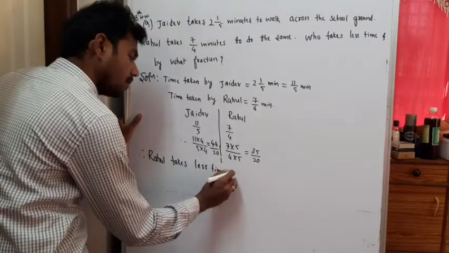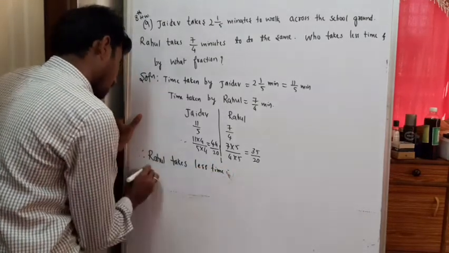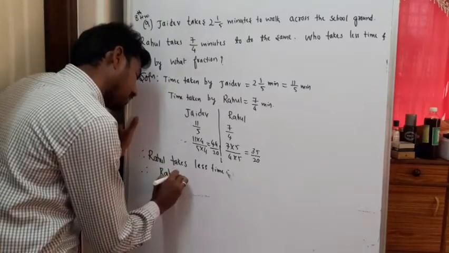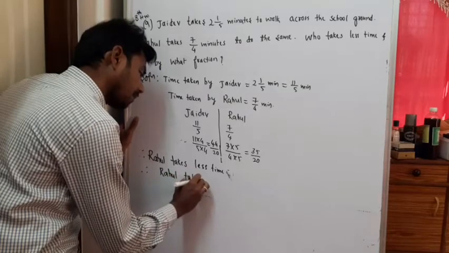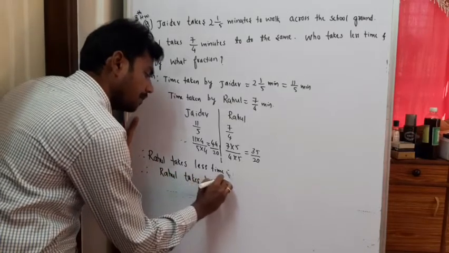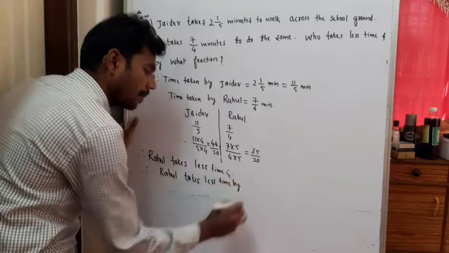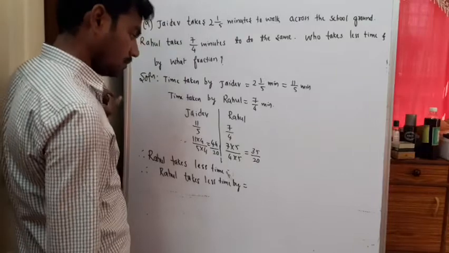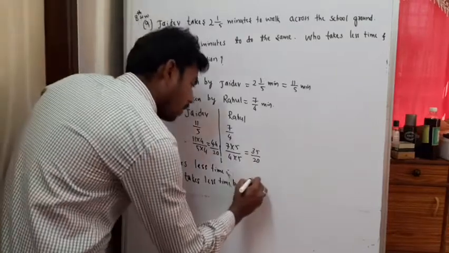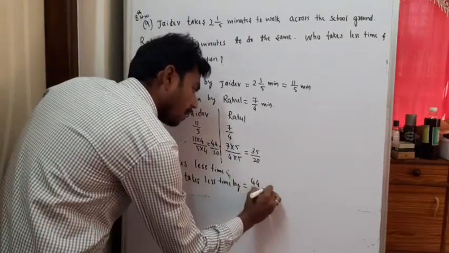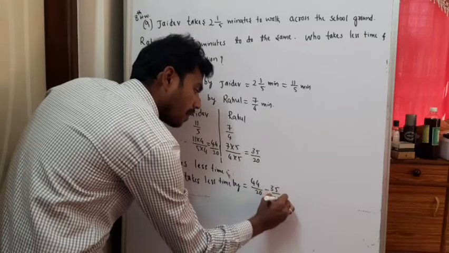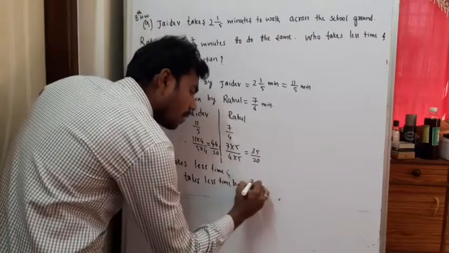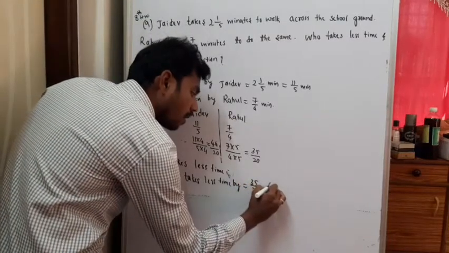Next part of the question. Rahul takes less time by, so do it, 44 by 20 minus 35 by 20, or else 35 by 20 minus 44 by 20.